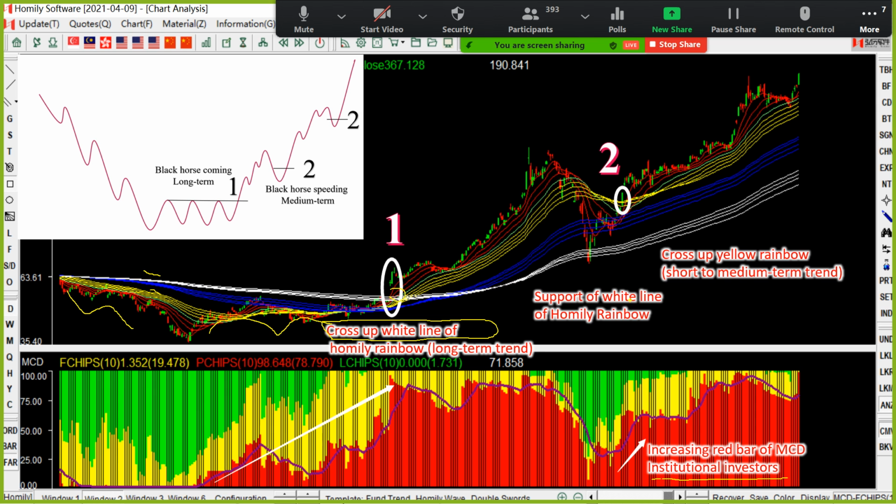So I always repeat, even though you do short-term trading, maybe you spend a lot of time browsing the news, checking the buy signal, sell signal, target price, support level, and a lot of things to monitor. But remember, before you do this, try to analyze your trend for long term and medium term. Try to analyze your money flow with MCD. Then you have the foundation, then you can do some short-term analysis.